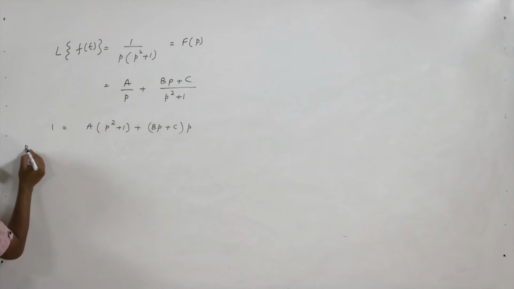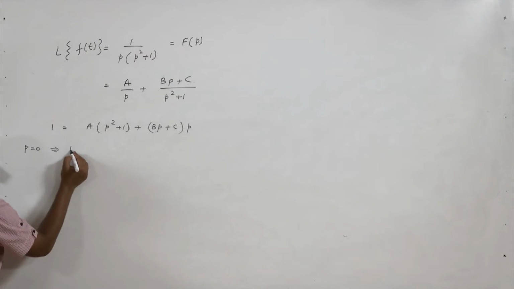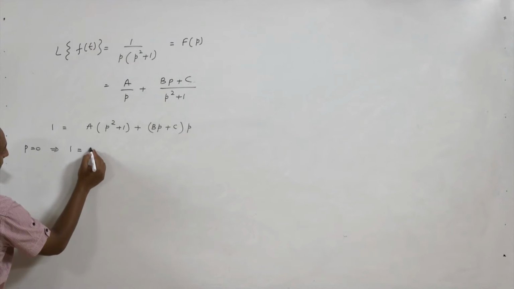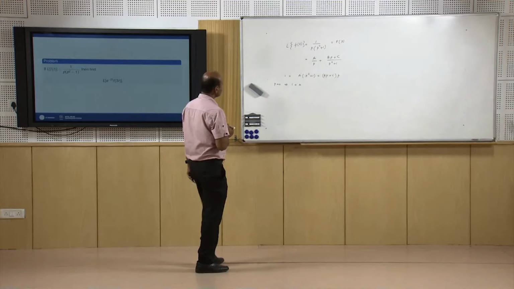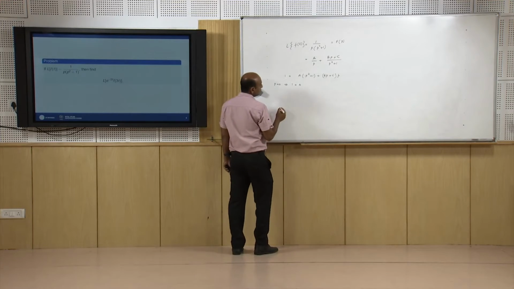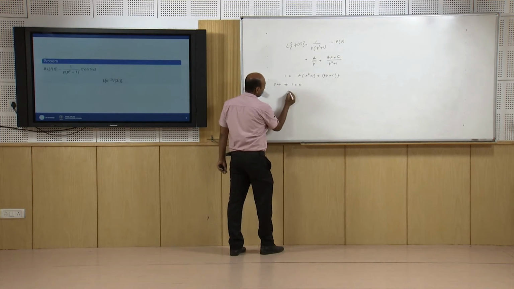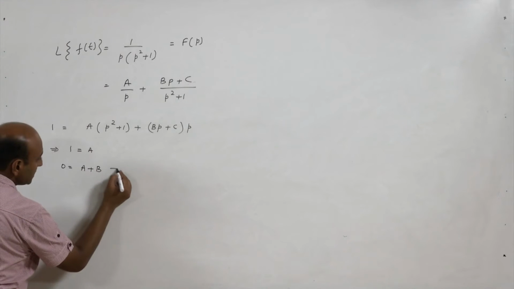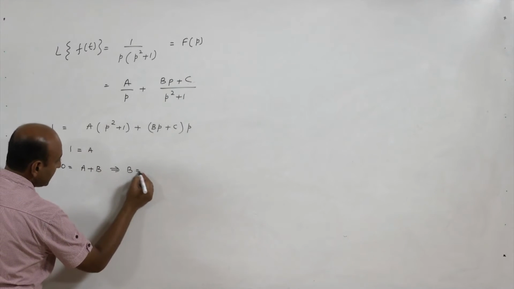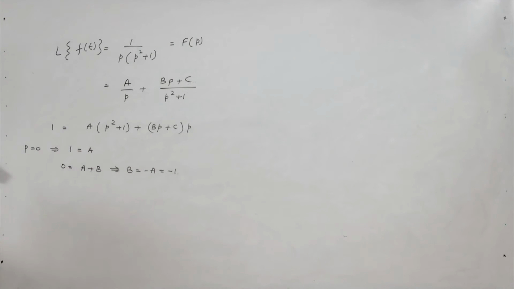When you take p equal to 0, this implies 1 = A. So, A is nothing but 1. Now, compare the coefficient of p^2. Here p^2 is 0, and here p^2 is A + B. So, this implies B = -A, and hence B = -1 because A is 1.